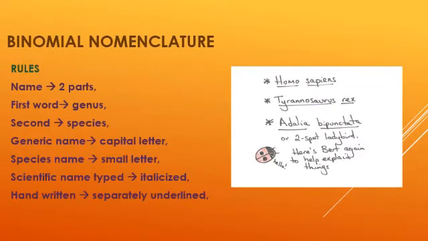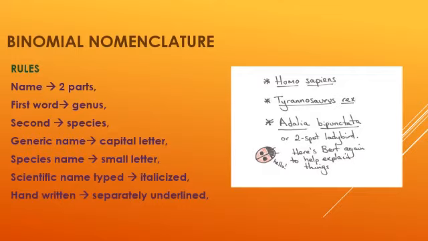There are some rules to be followed while writing scientific names. Every type of organism should have a particular name which consists of two parts. The first word is the name of the genus to which the species belongs. The second word is the species name.